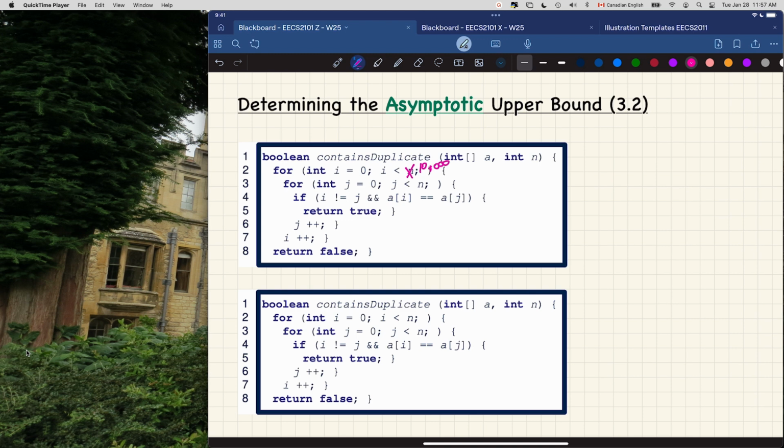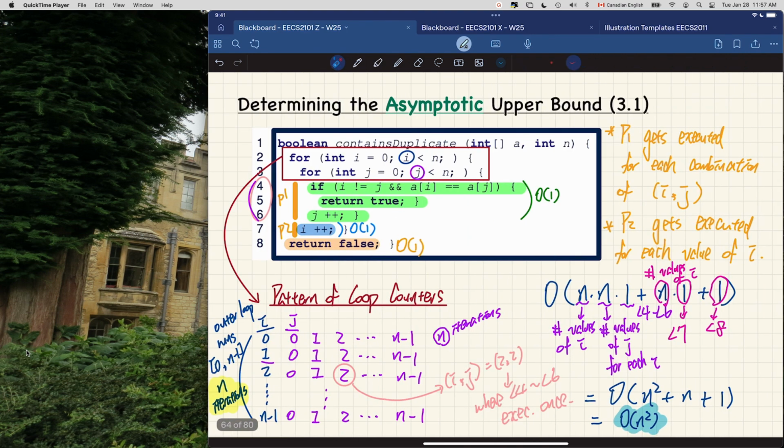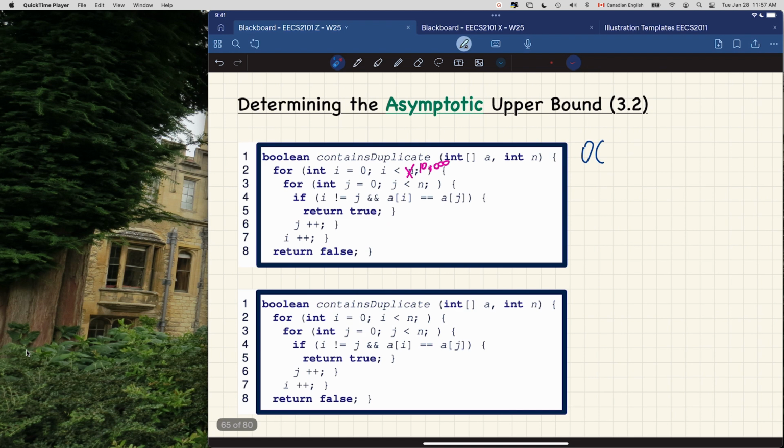Now, what will be the ultimate asymptotic upper bound? Would that still be n squared? Not really. Think about this 10,000 here. It's just a multiplicative constant that ends up being dropped. For this one, you can think about how many combinations of i and j there are. The combinations of i and j are going to dominate. They will be the highest term for the algorithm, so we just need to focus on that. How many combinations will there be for i and j?